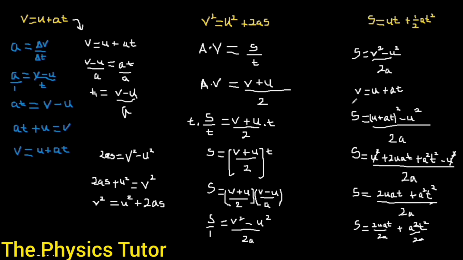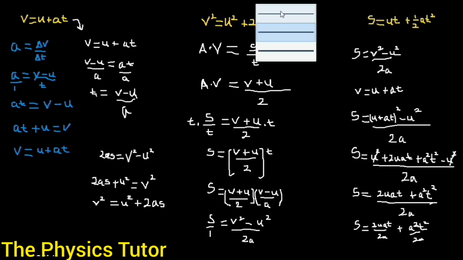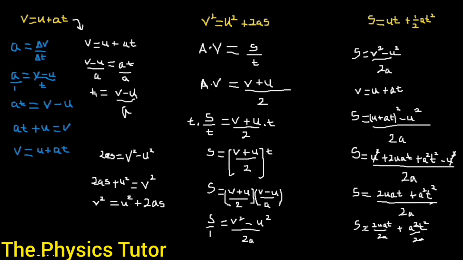And finally s can be written as, 2 divided by 2, they will cancel and a will cancel. On this side I will have just ut, because 2 can go into itself once and a can go into itself once.